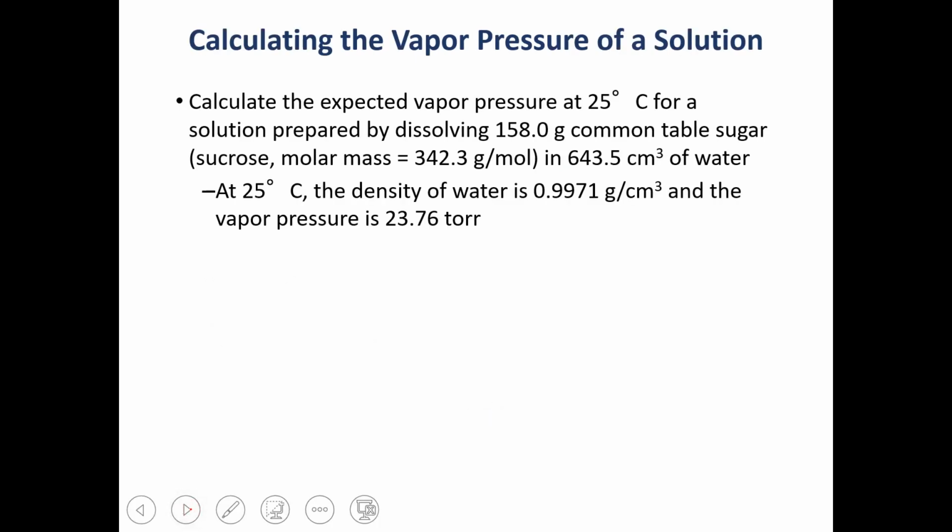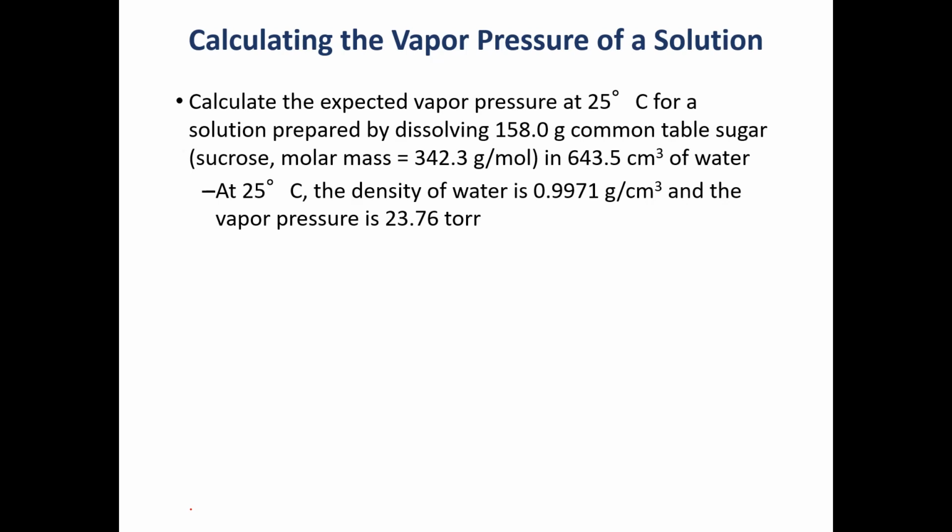So let's take a look at an example with Raoult's law. We want to calculate the expected vapor pressure at 25 degrees Celsius for a solution prepared by dissolving 158 grams of common table sugar.